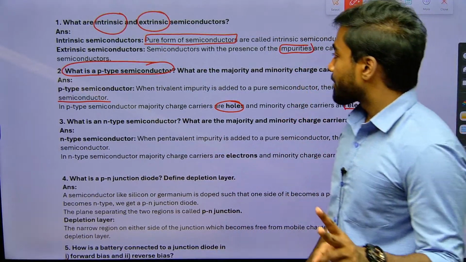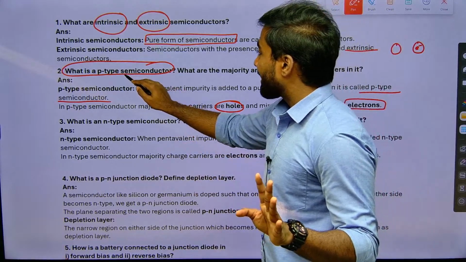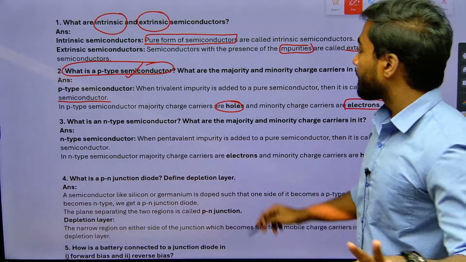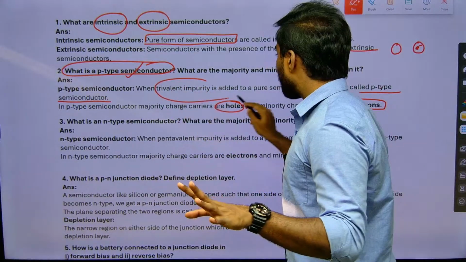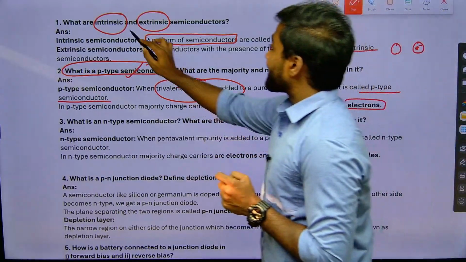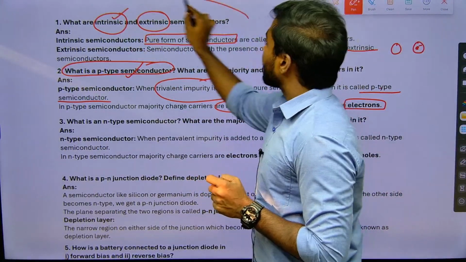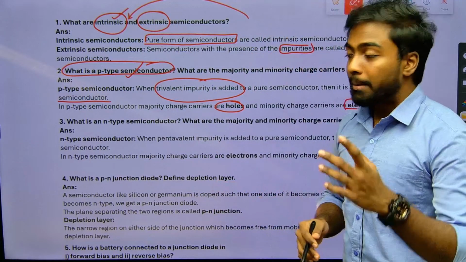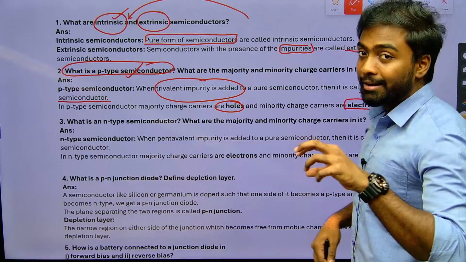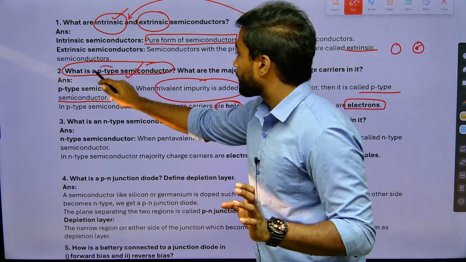And the second question is: what is a p-type semiconductor? When trivalent impurities are added to a pure, that is intrinsic, semiconductor, that semiconductor is named a p-type semiconductor.